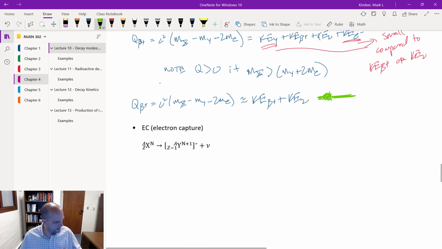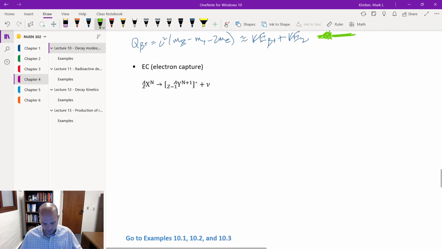And then finally I have the electron capture, which is going to feel real similar to a beta plus decay. Since I'm capturing an electron, that's what initiates the proton converting to a neutron. Once I capture that electron, I have this excited state of the daughter. It's no longer at its ground state.